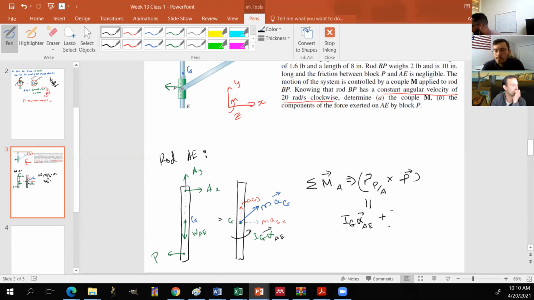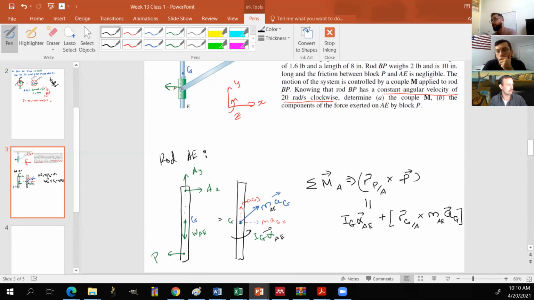So you have R of G relative to A crossed with the mass of, so let's say that this is the mass of AE, so mass of AE times the acceleration vector over there.